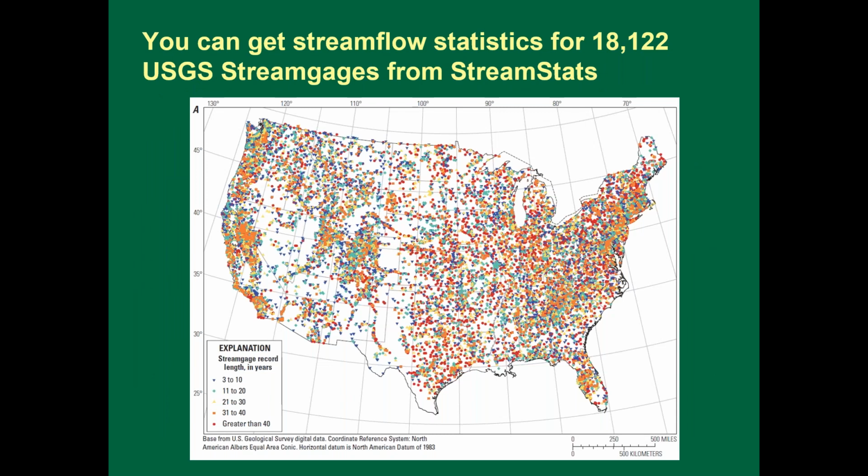Now, recently we worked with Federal Highway and the USGS StreamStats team, so we calculated SELDM statistics and a lot of other statistics for 18,122 US stream gauges, and they're available in StreamStats, and they're even available in states like Nevada and Texas that don't have their own StreamStats application.